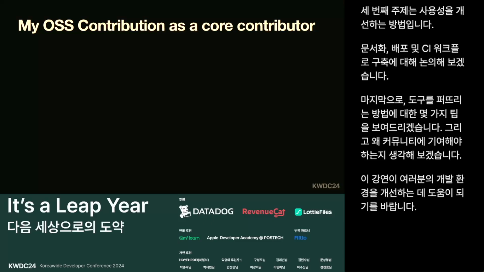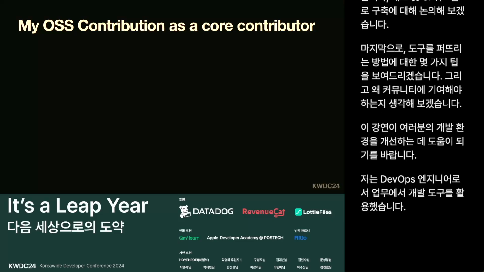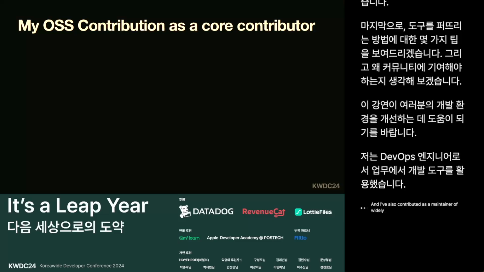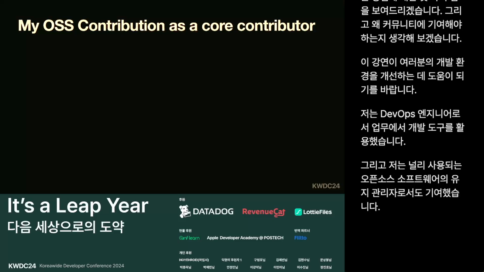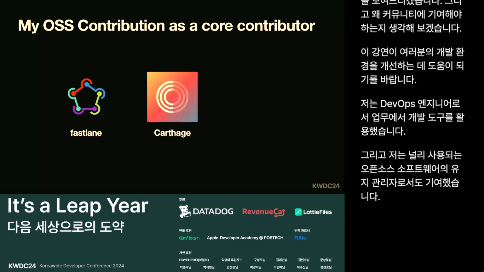As a DevOps engineer, I've used development tools in my work. And I've also contributed as a maintainer of widely used open source softwares. For example, fastlane, an automation tool for mobile development.